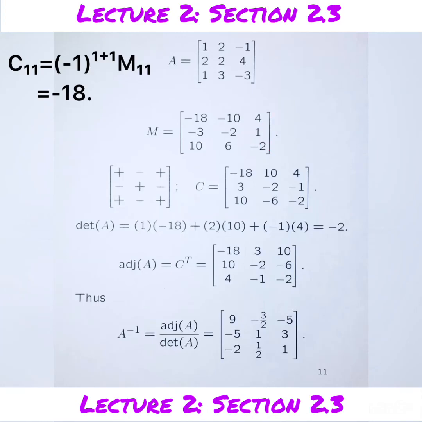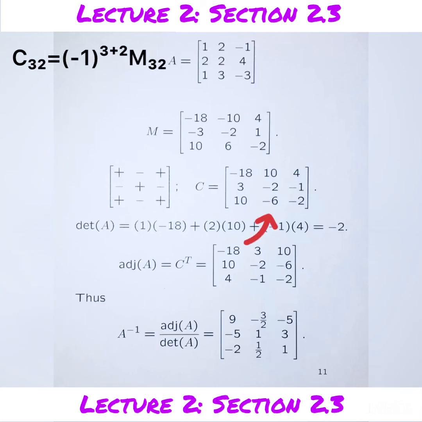Now I'm also going to calculate another entry of C, the entry in the third row and second column. This entry is given by C32, which is minus 1 to the power of 5 times M32, which we already calculated. That is simply minus 1 times 6, which is minus 6.